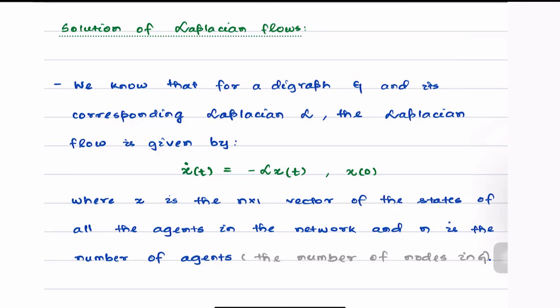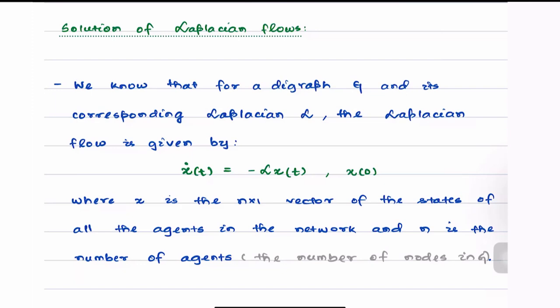In this framework, we try to now understand if the system starts at some initial condition x0, as time progresses, how does x of t vary with time? Meaning, we only have to look at the solution of this very simple differential equation. What our primary objective will be is to see if we can apply any graph theoretic notions to the solution that we get here to get some insights into additional properties that the Laplacian flow might have.